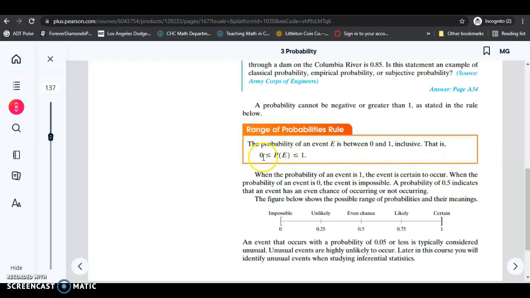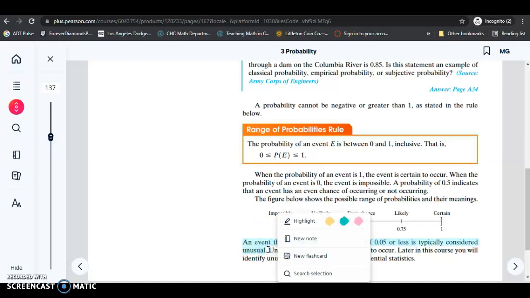We've already seen this rule in section 4.1, where it says that probabilities are always between 0 and 1. Here you have a number line listing probabilities between 0 and 1. Probabilities that are closer to 1 are more likely to happen. Probabilities that are closer to 0 are less likely to happen. But what it says here, an event with a probability of 0.05 or less is typically considered unusual.